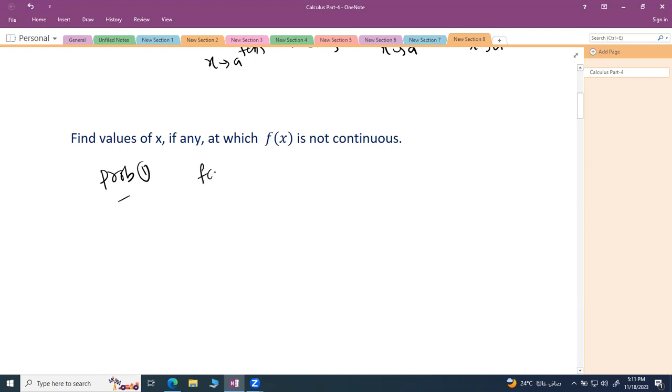f of x equal to 2x plus 3 divided by x square plus 4. Solution.